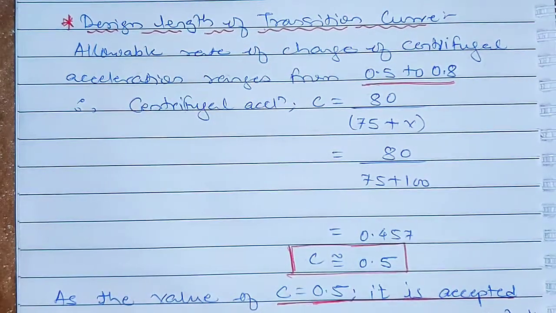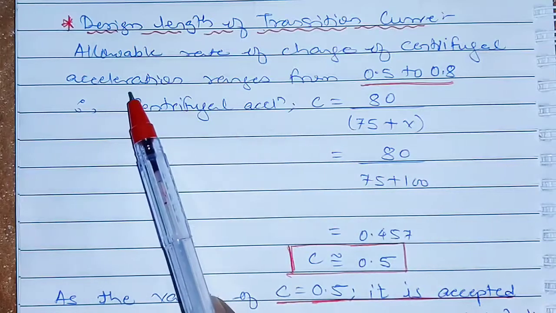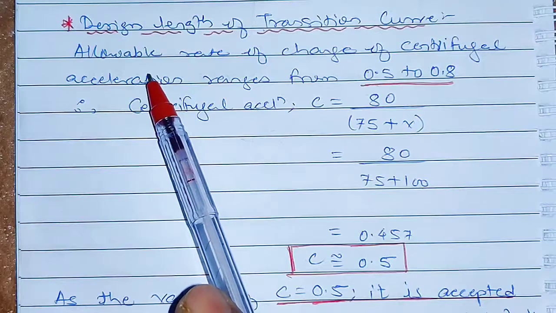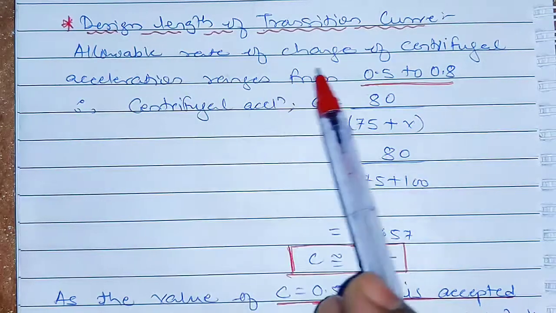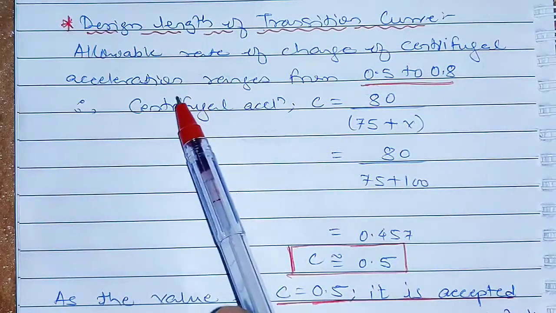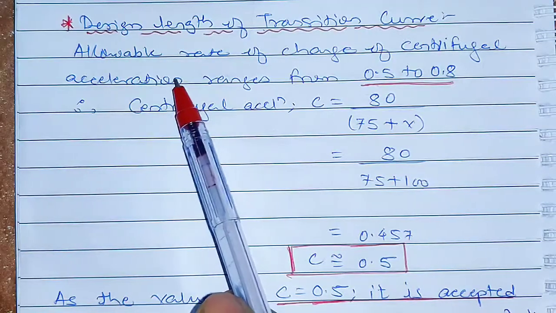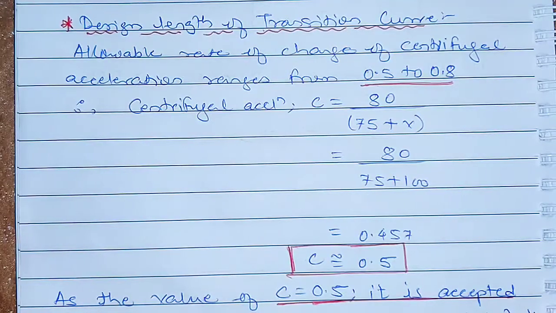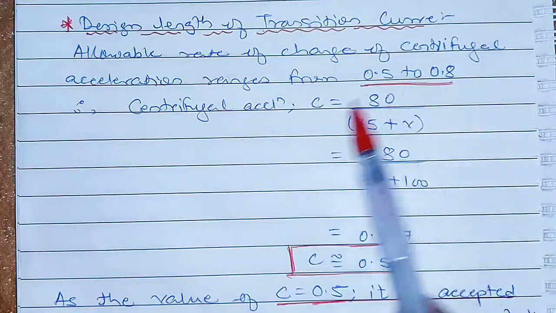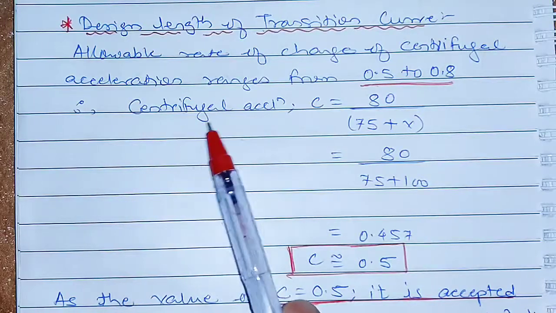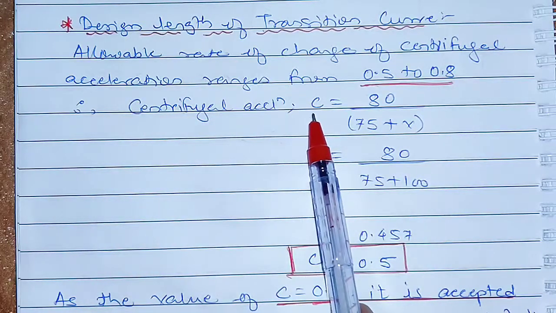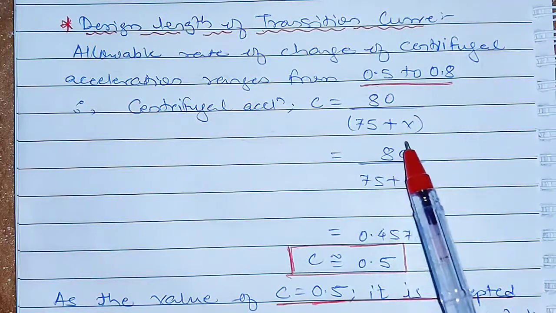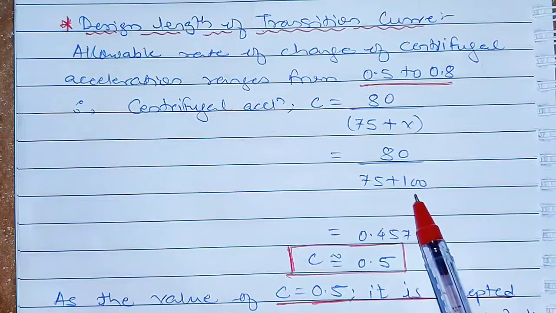So for the calculation of the length of the transition curve, first we have to consider the allowable rate of change of the centrifugal acceleration, and we know that the rate of change of the centrifugal acceleration ranges within the limit of 0.5 to 0.8. Hence, to calculate the centrifugal acceleration C, we'll use the formula 80 upon 75 plus V. So now substituting the values, we get 80 upon 75 plus 100.